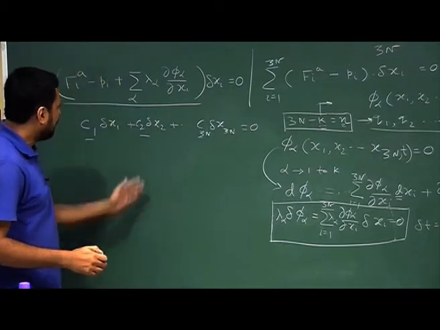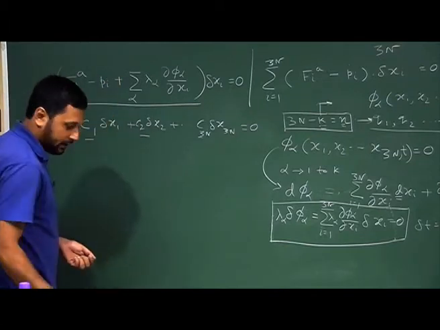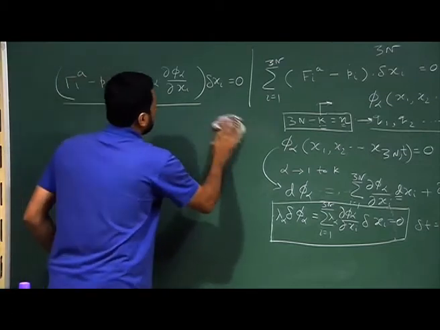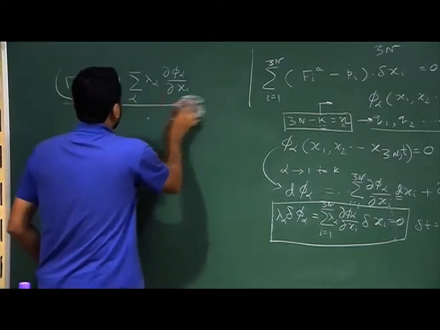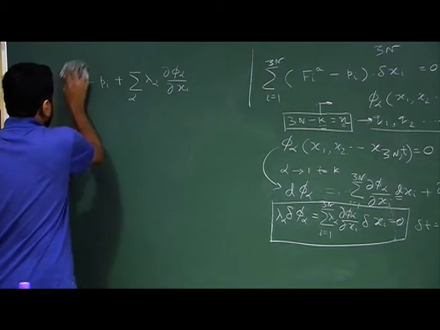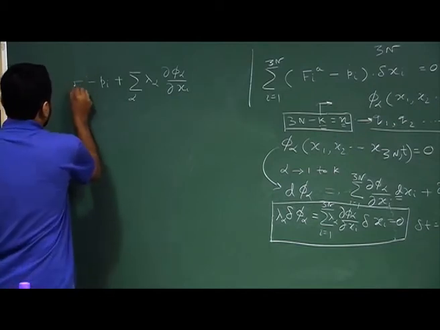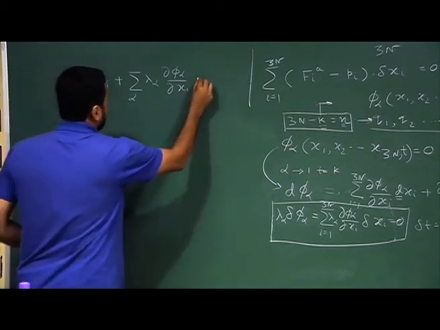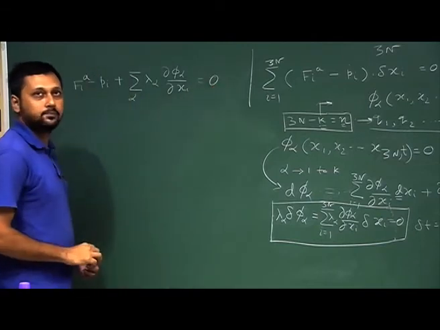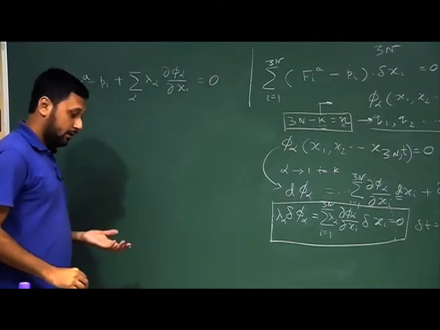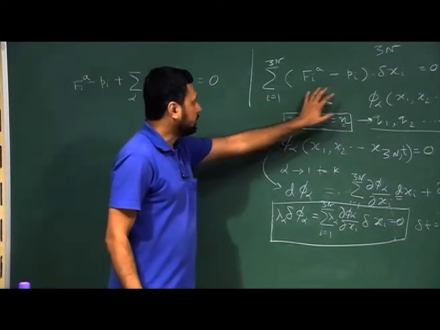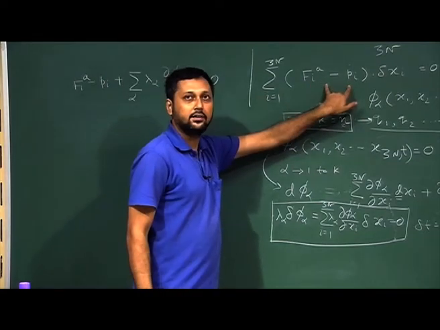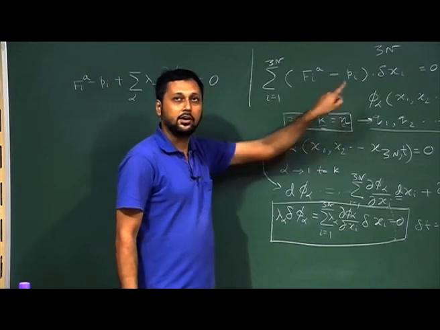And so overall what we have is 3n equations of this particular form equal to 0. So, this is a way of separating out coefficients from this particular equation.